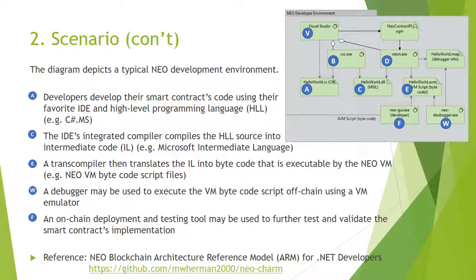You can use the Neo debugger to load your AVM and to run it. And then later on, you could use Neo GUI, Developer Edition, to deploy your code into the virtual machine onto the blockchain, testnet or private net to further test your code.